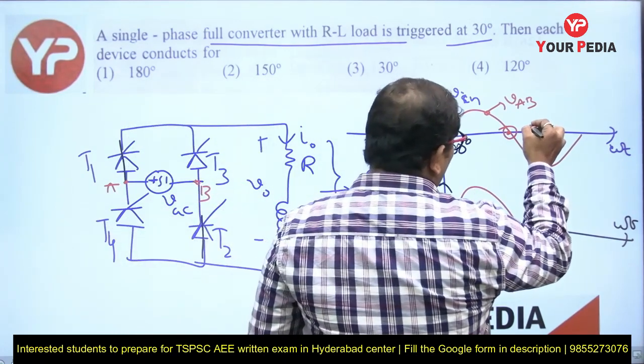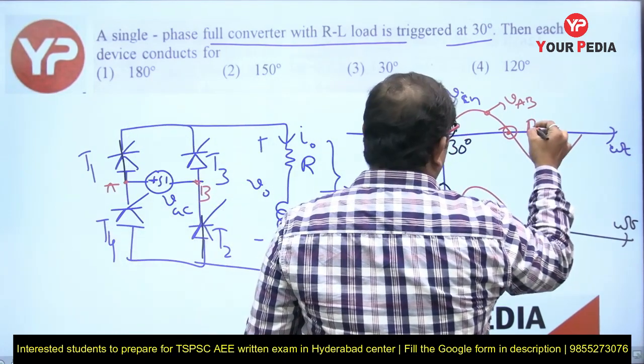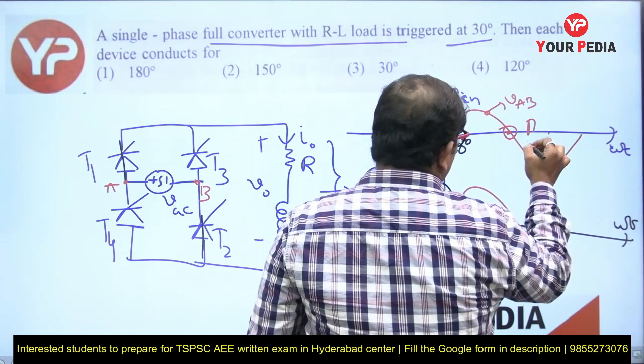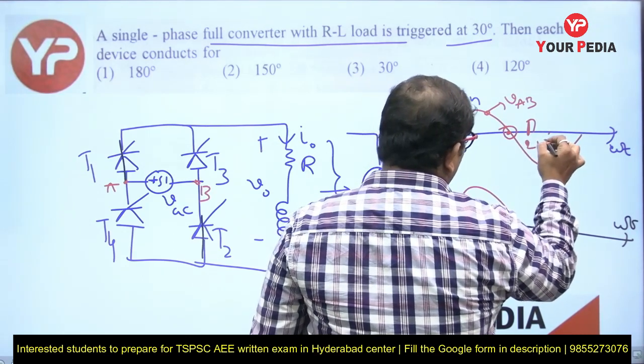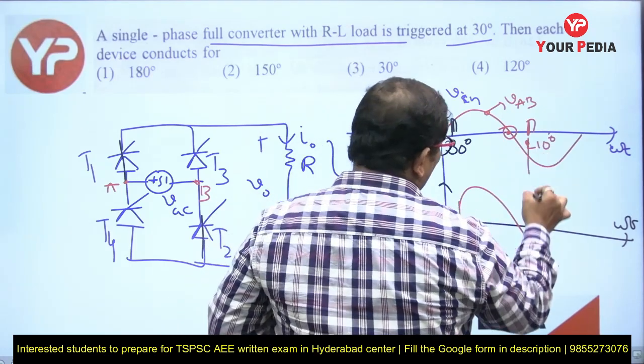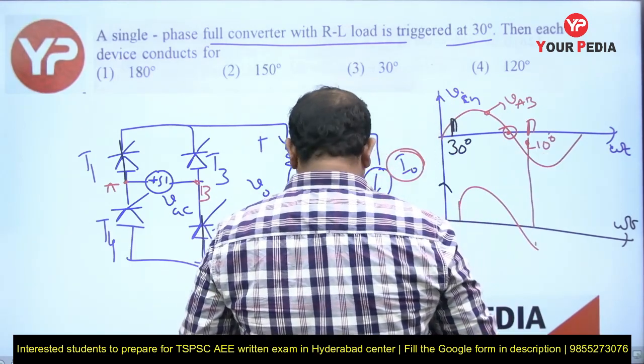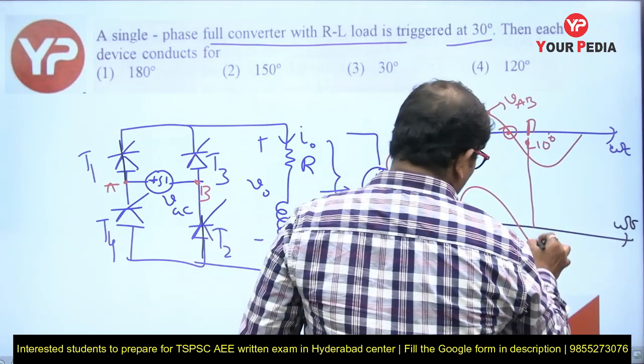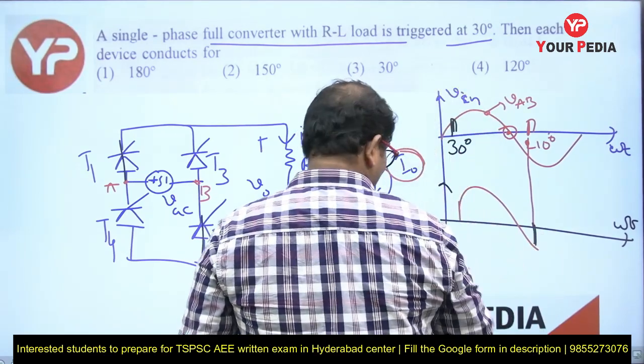T3 and T4 are turned on at 210 degrees, since this is 30 degrees and this is 210 degrees. So until 210 degrees the devices T1, T2 will be in conduction. That's why you will get the output voltage like this.